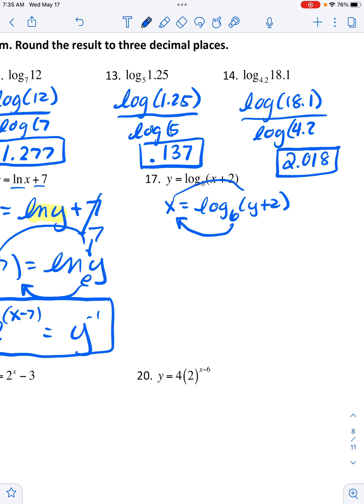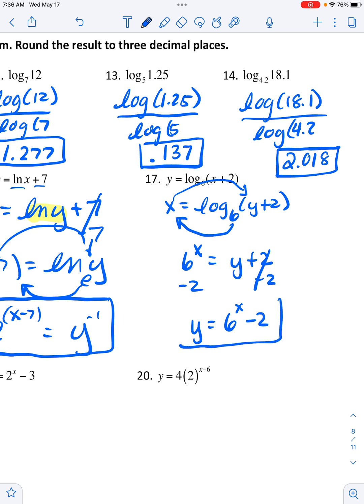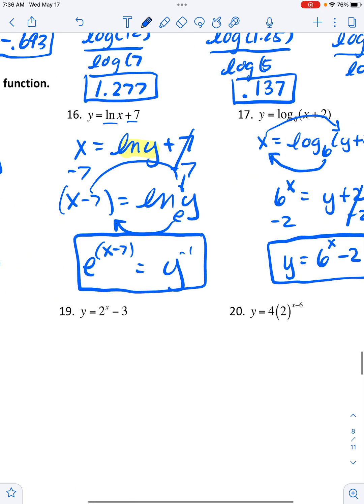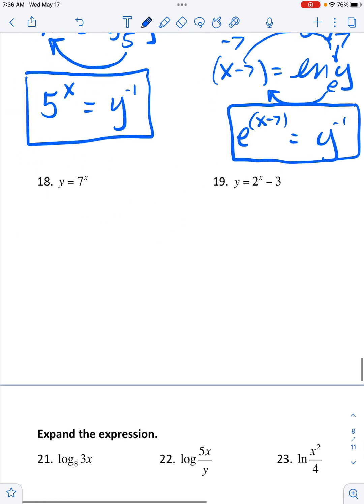So I'm going to go ahead and switch to the other form. 6 to the x equals y plus 2, but I need y alone, so I take it away. So when I'm done, my y is going to equal 6 to the x minus 2, and I have the elements I expected. I have a -2 because I had a +2 before, and I have a power base 6 because I had a log base 6.